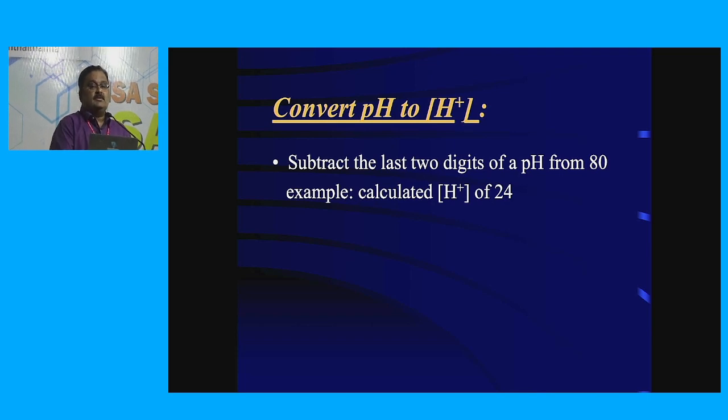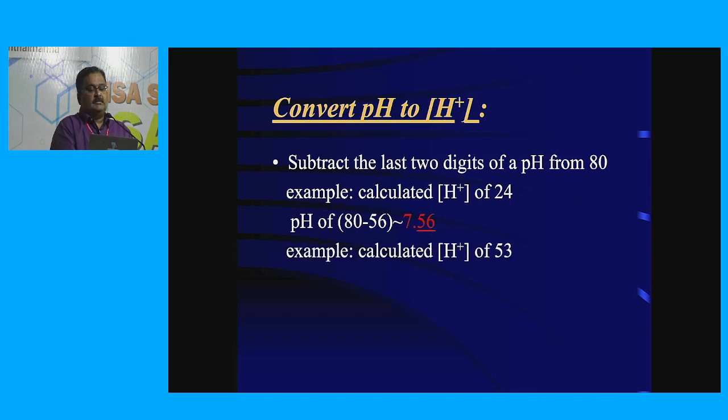So, what would be the pH? 7.53. So, you just minus that 24 from 80. So, you will get 7.56. Okay. So, that is how you do.